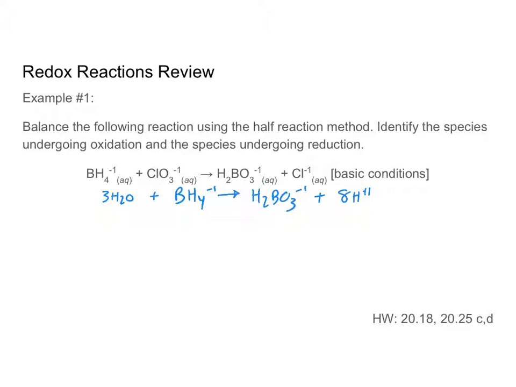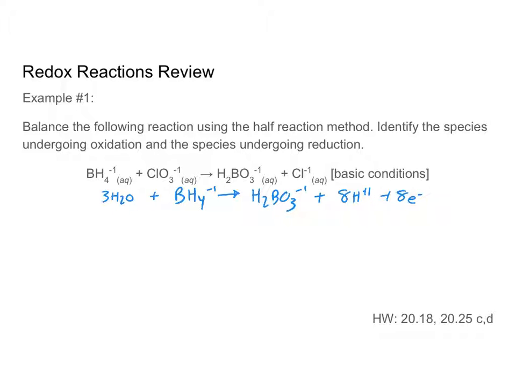Okay. And so at this point here, on the left side, I have a -1 charge, and on the right side, I have a +7 charge. So I need to get them to a -1. So I'm going to add 8 electrons here. So far, so good.